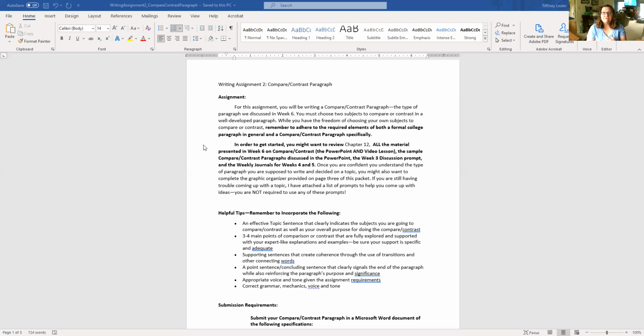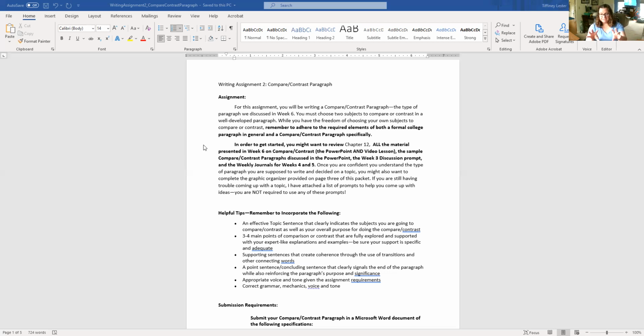Make sure that you don't have faulty modifiers. Look to make sure none of your modifiers are misplaced, and make sure you don't have any dangling modifiers. And also work on combining your thoughts to create longer, more complex sentences, but make sure that in the process, you don't accidentally end up with fragments or run-ons and comma splices, okay?